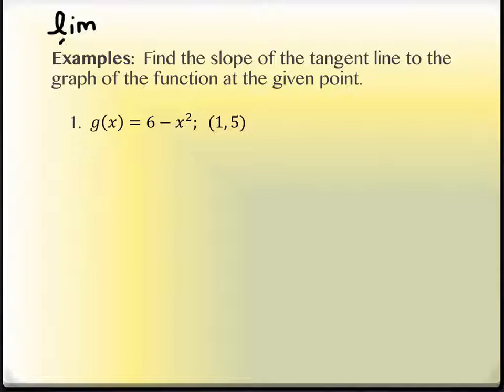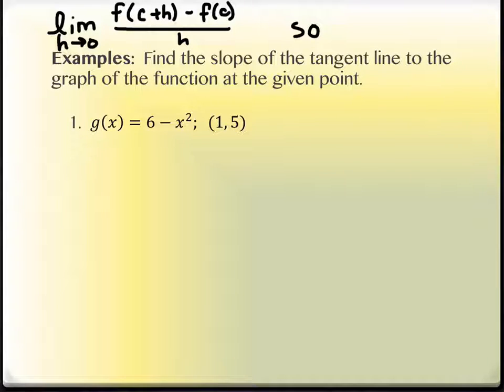It said the limit as h approaches 0 of f(c + h) minus f(c) over h. And this is at some value c, so some x value that's equal to c. So as you take a look at this particular function, they give you the x value.